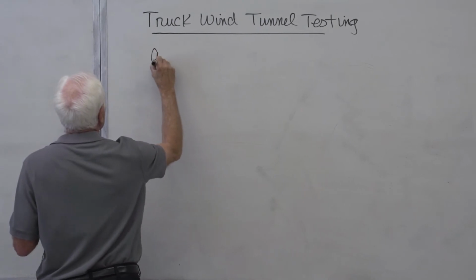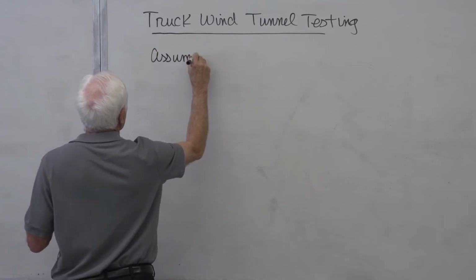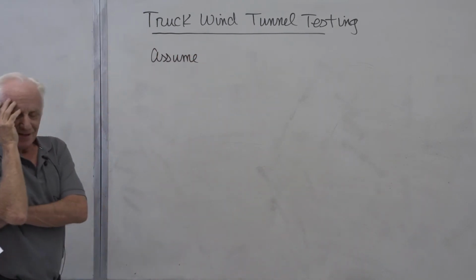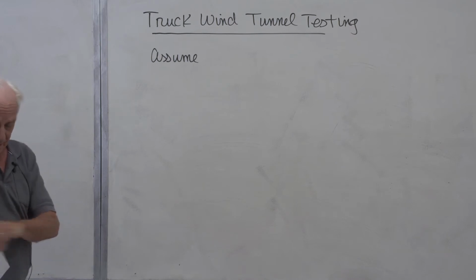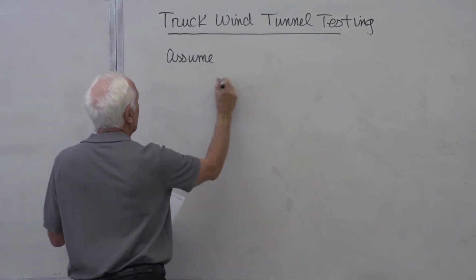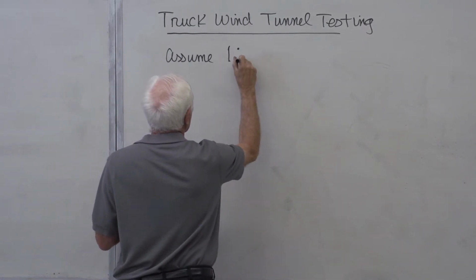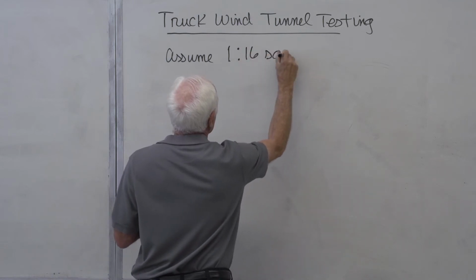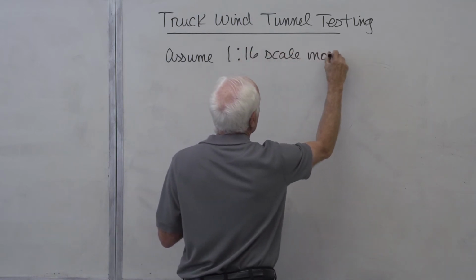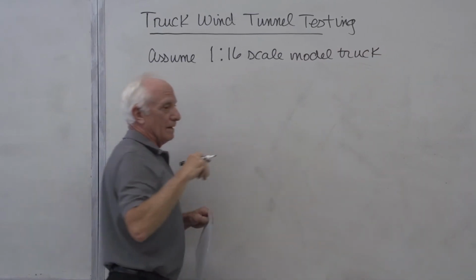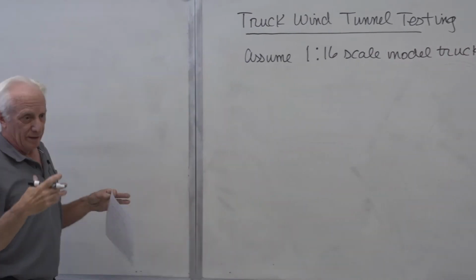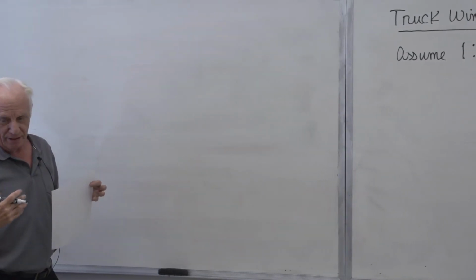Okay, so we're going to assume I say, you know what? I can't get a wind tunnel that big to test this truck, so I've got to build a model of the truck. And I'm going to build a 1:16 scale model truck. That means every dimension on the model is 1/16 of the actual dimension on the real truck.